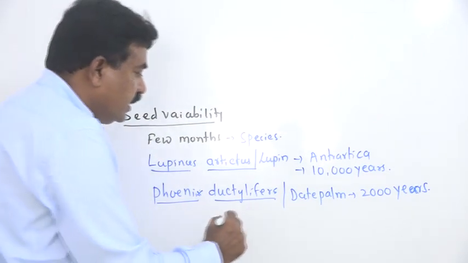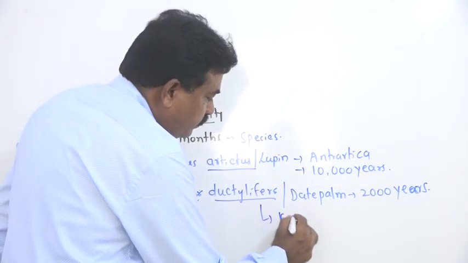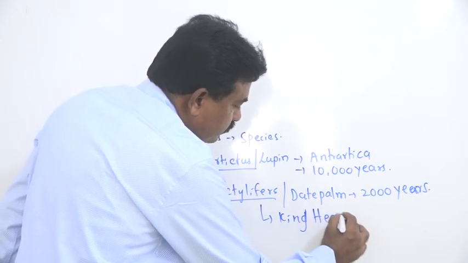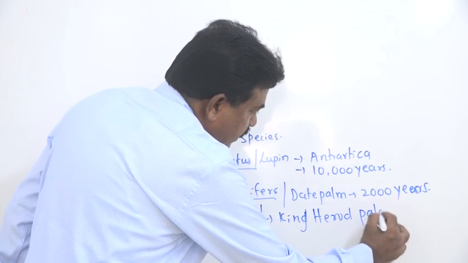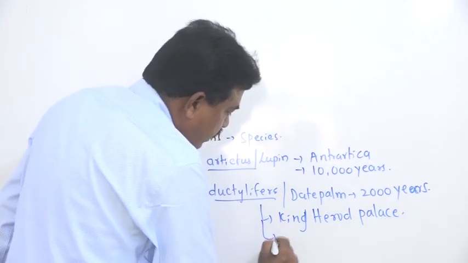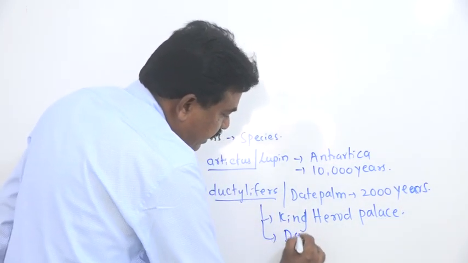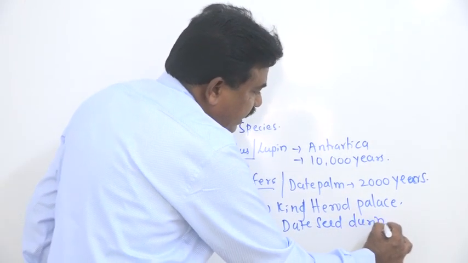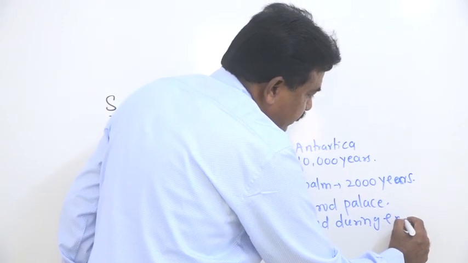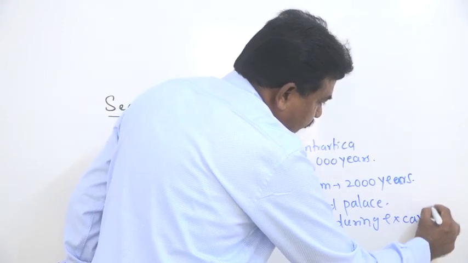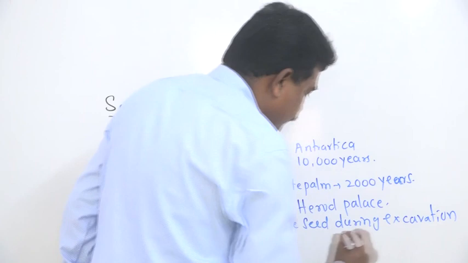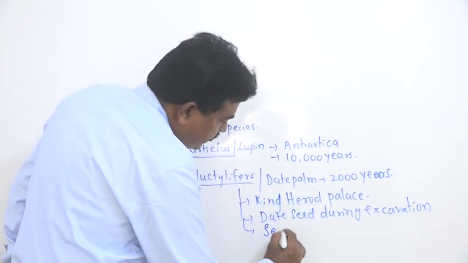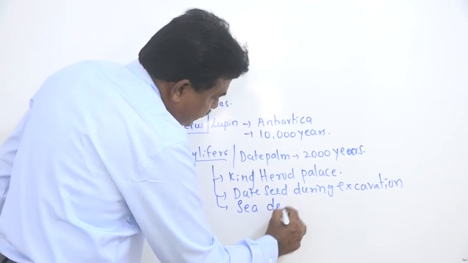Actually, the seed was obtained from King Herod's palace. They found a date seed during the excavation of that palace, and King Herod's palace is present near the Dead Sea.